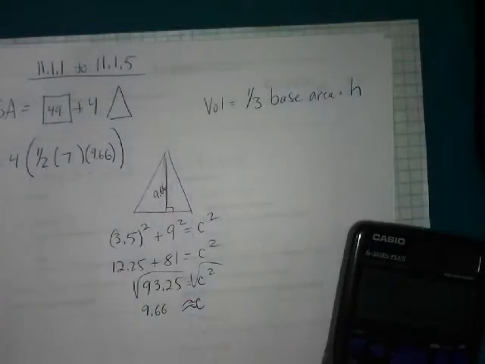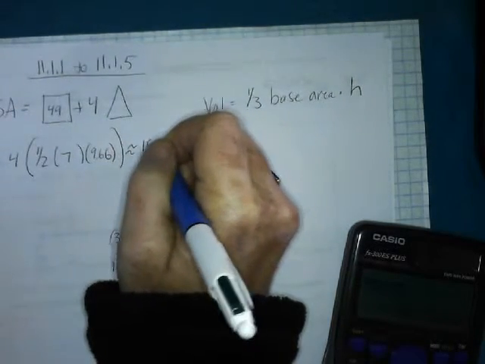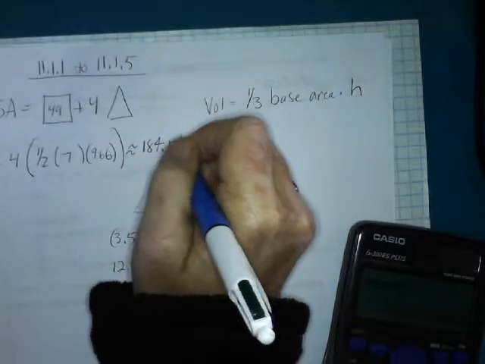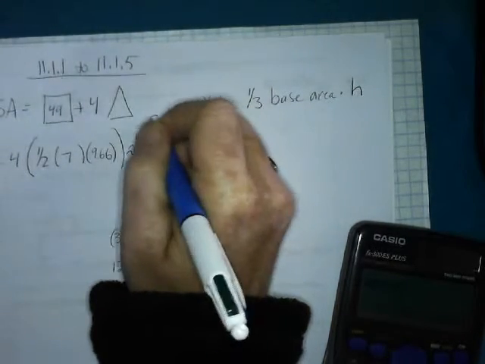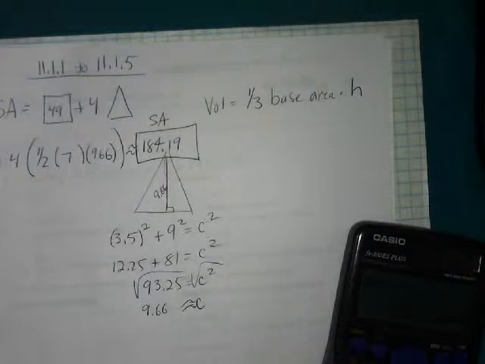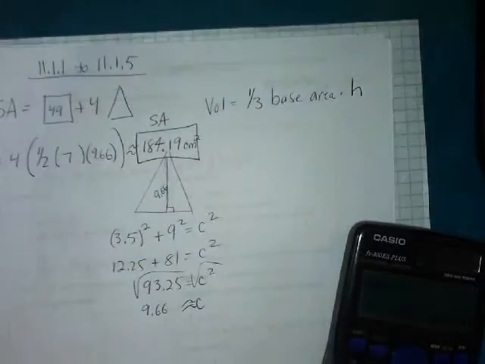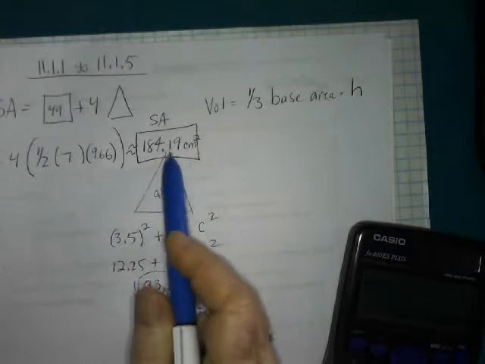So that part's done. I'll say that's about 184.19. That's surface area. And then what kind of units did I have? I think they were centimeters. Square centimeters. Okay, so that's the surface area.